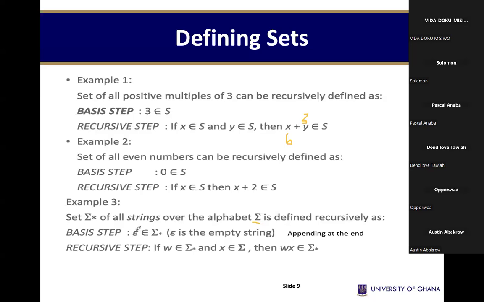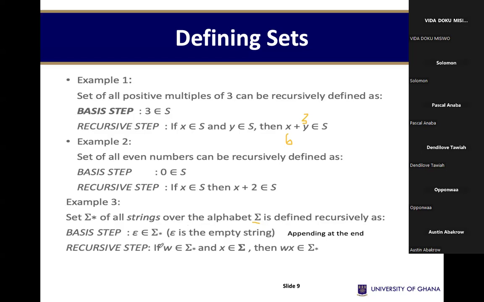We can have epsilon being an element of the sigma star, where this epsilon is basically the empty string. Now, if epsilon is an empty string, it means that initially there is no character or alphabet in the string, which we are calling the sigma star.